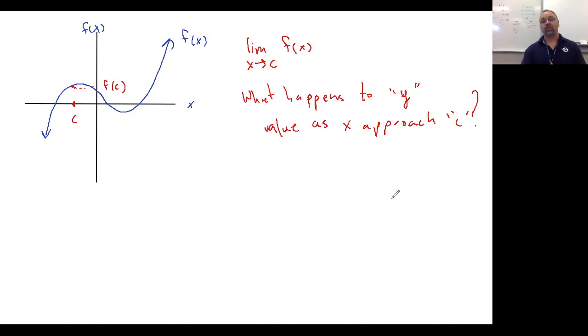And that was the definition we kind of worked with most of the year. There was a particular mathematician, his name was Cauchy. He didn't really like that definition. He felt it was a little too wishy-washy. Like, what value is y approaching as x is approaching c? What do you mean by that? We're going to have to dig into Cauchy's definition and proof of a limit a little bit later, because that, unfortunately for you guys, shows up as a BC topic.